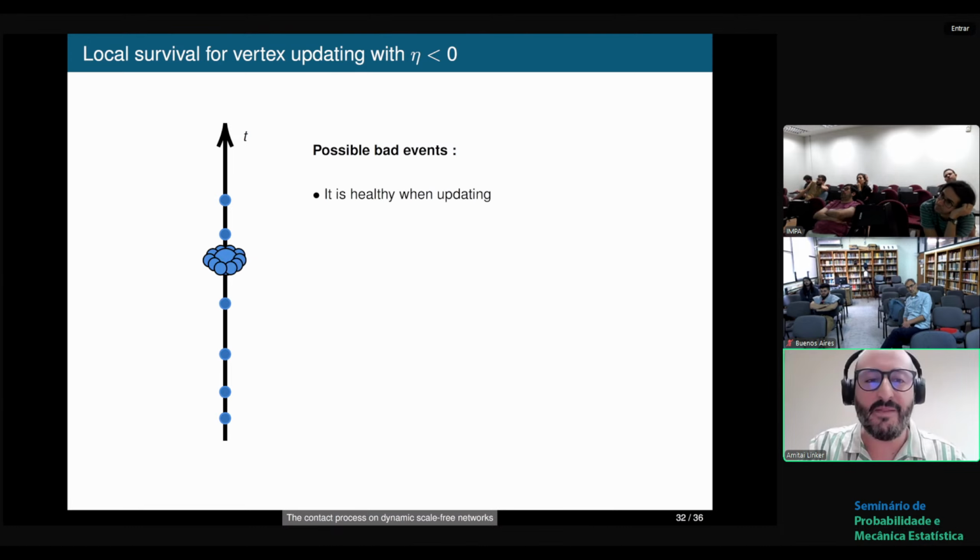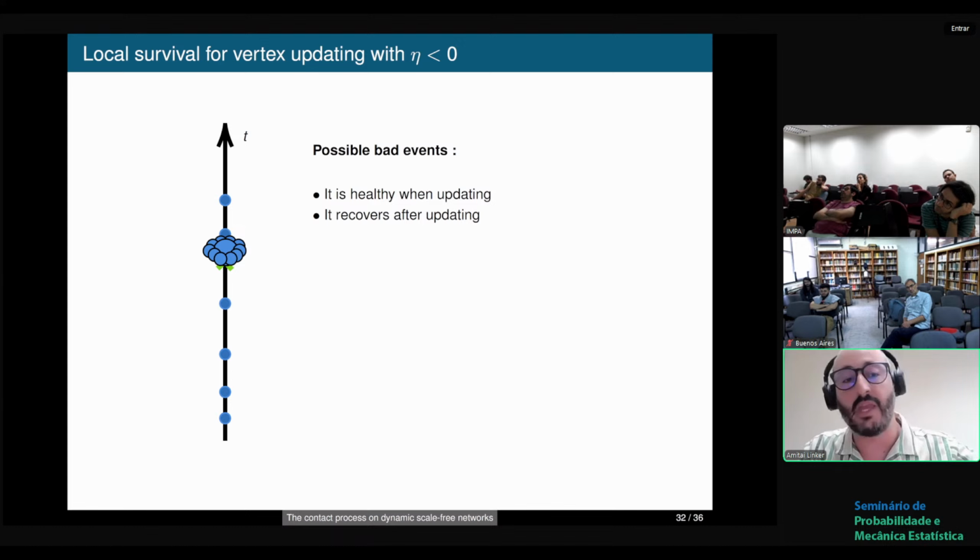The possible bad events are that you reach the updating center healthy, or you reach it infected, but it quickly recovers after updating before it had any time to infect anyone else.